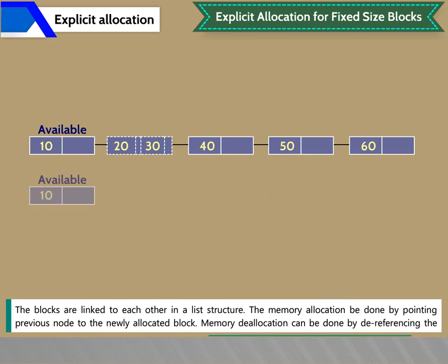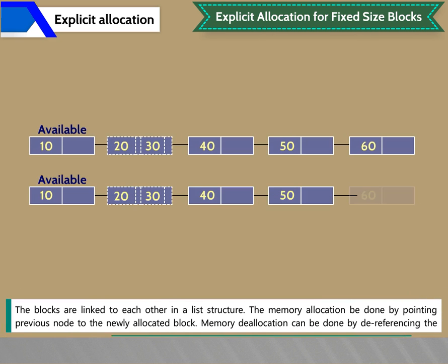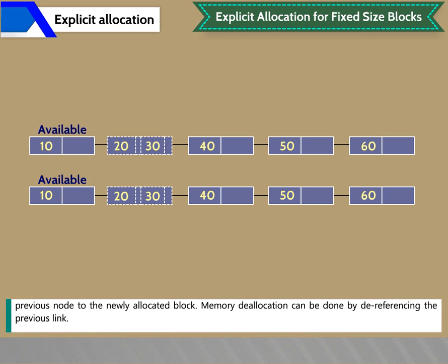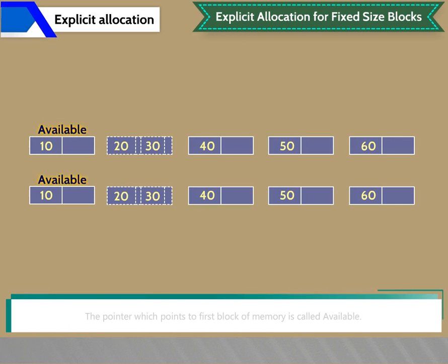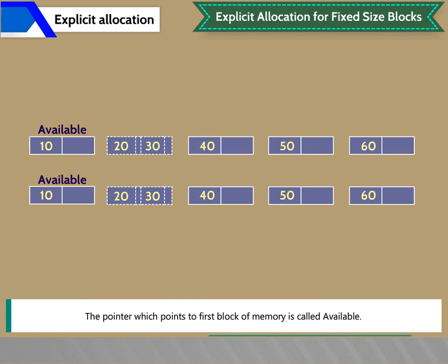The blocks are linked to each other in a list structure. The memory allocation can be done by pointing the previous node to the newly allocated block. Memory deallocation can be done by dereferencing the previous link. The pointer which points to the first block of memory is called available.